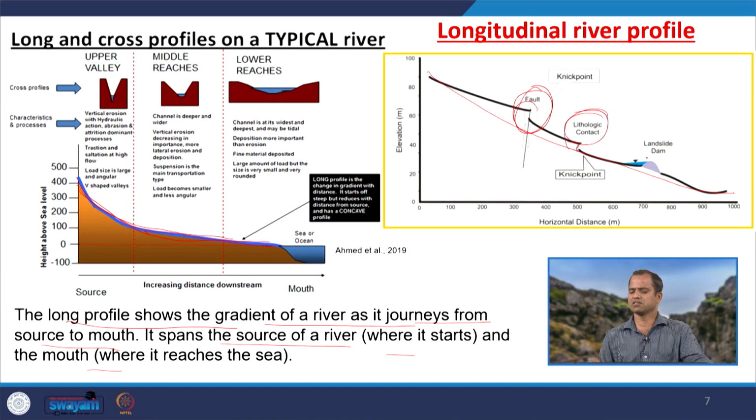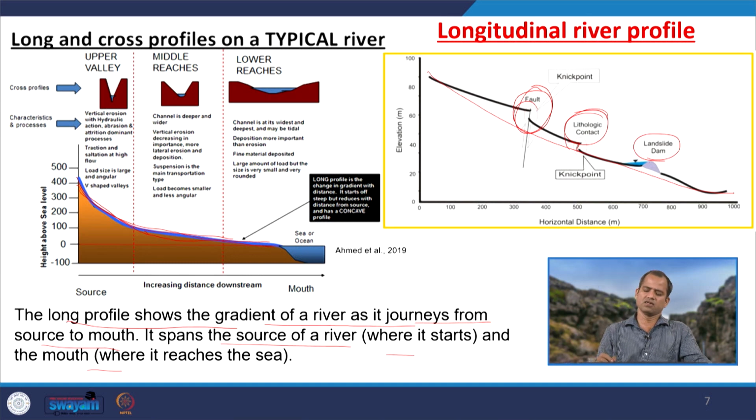Here is a dam, a landslide dam or a dam constructed here, artificial or natural. So, I want to say that if there is nothing, either artificial or natural, that means no dam, no bedrock protrusion and no fault, then ideally this longitudinal river profile should be concave up.